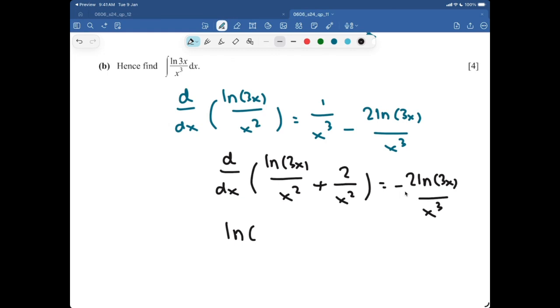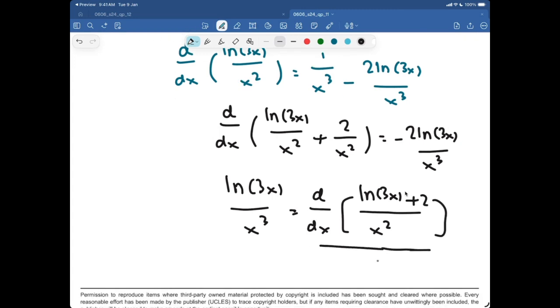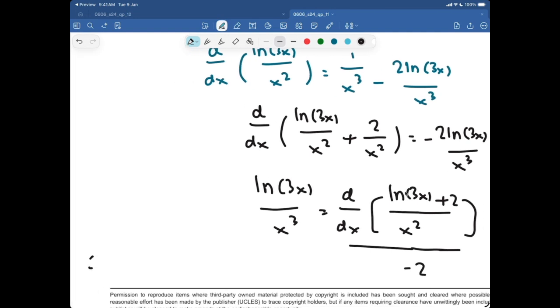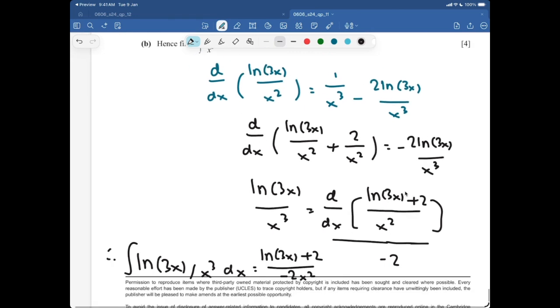So ln of 3x over x cubed is equal to d/dx of this whole chunk divided by negative 2. So therefore, integrating will give you (ln 3x plus 2) over negative 2x squared.